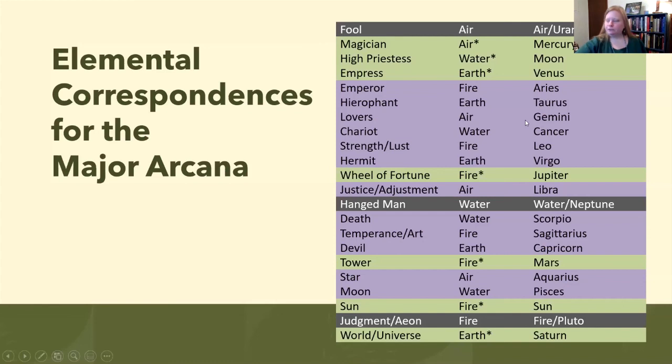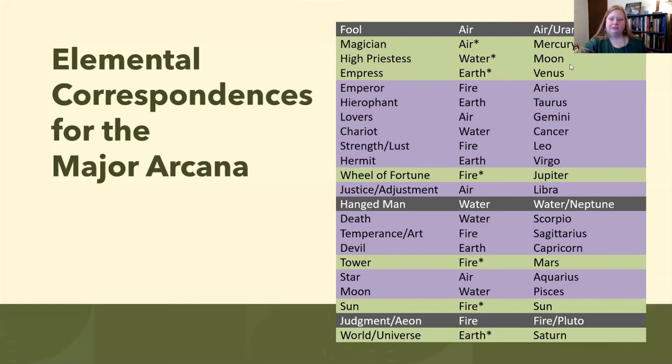And this is why I suggested getting a deck that has them printed on the cards if you don't have it memorized. So the question that comes up when we do this is about these cards that stand for the planets.